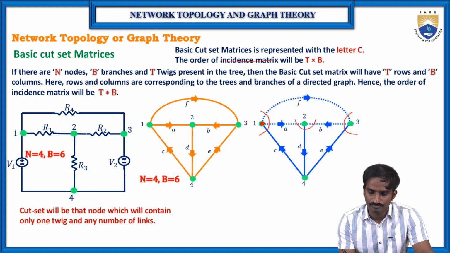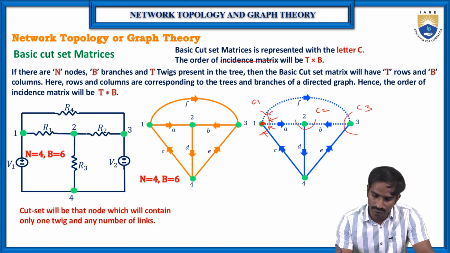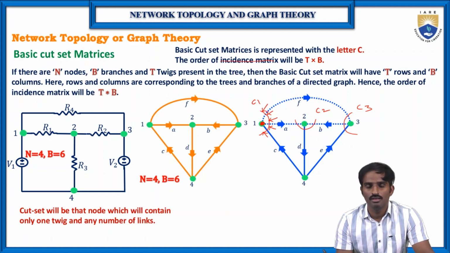So for the cut sets, let us consider here C1, here C2 and here C3. For cut set C1, the direction of the twig connected to it is towards node 1, so the cut set direction is towards node 1. For cut set 2, the twig connected to it is D, and the direction of the current in D is away from node 2, so the cut set direction is away from node 2.